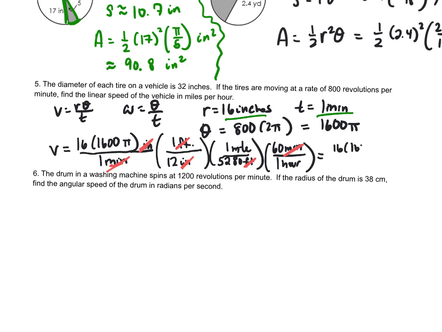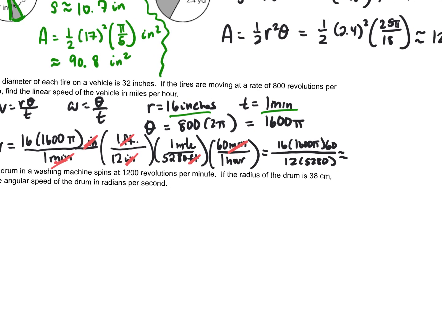So 16 times 1600 pi times 60 at the end there, all over 12 times 5280. So this is going to turn out to be about 76.2 miles per hour. So not an impossible speed, but pretty fast. This thing's going pretty quick, tires moving pretty quick. So pretty fast linear speed.